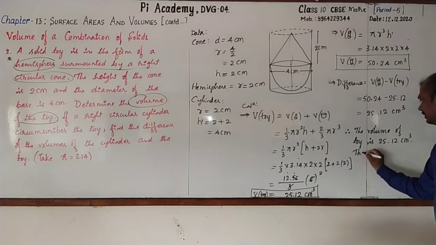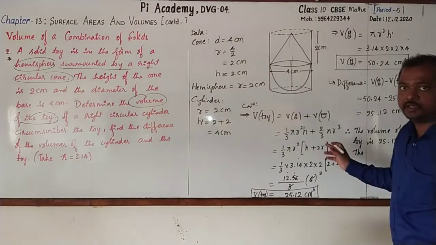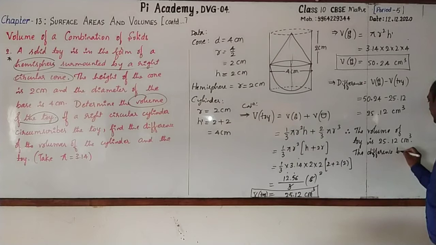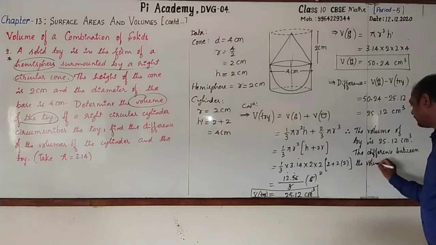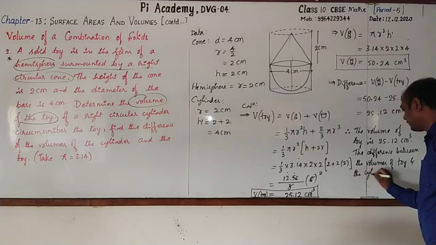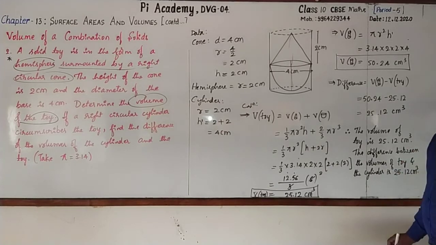Next, the difference between the volumes of toy and the cylinder is 25.12 centimeter cube. Followed? Please go for copying this.